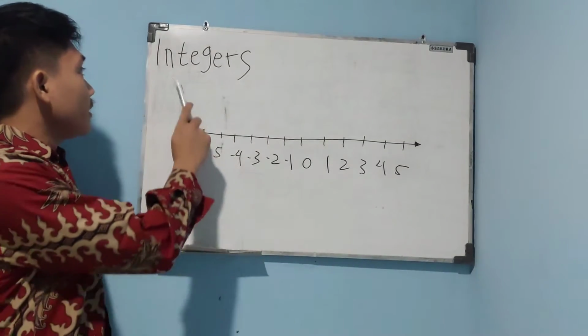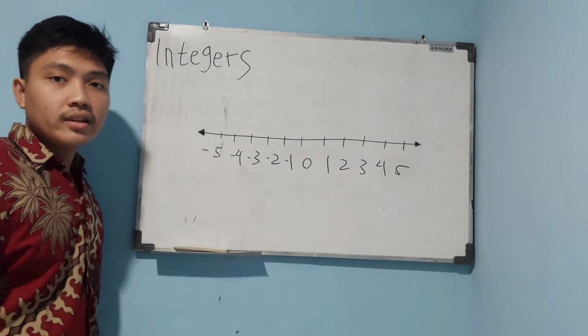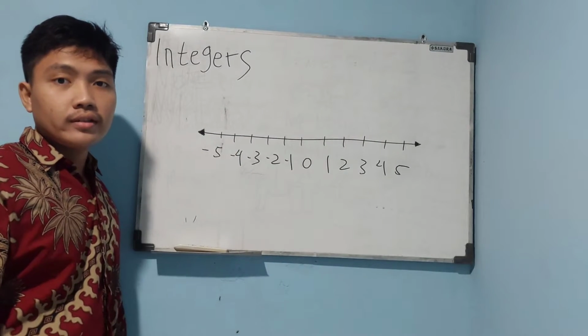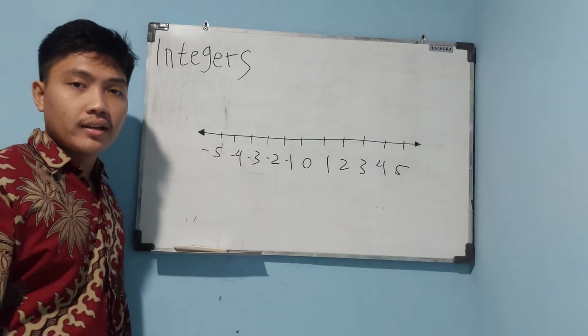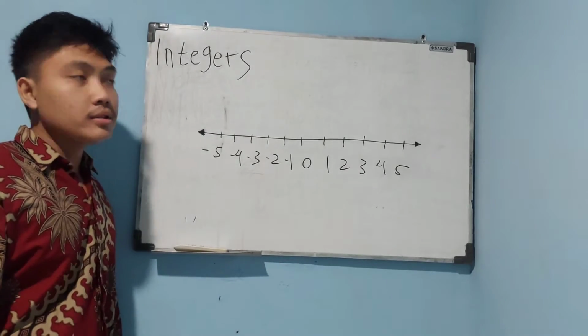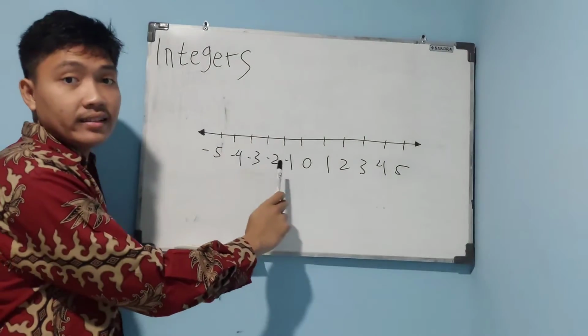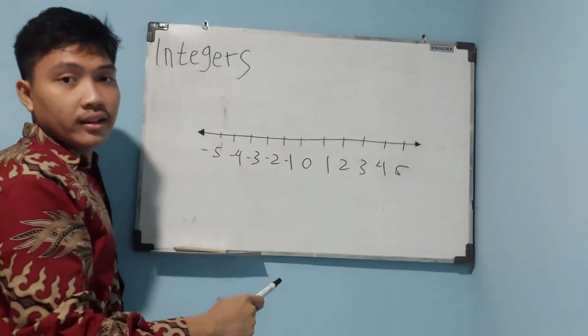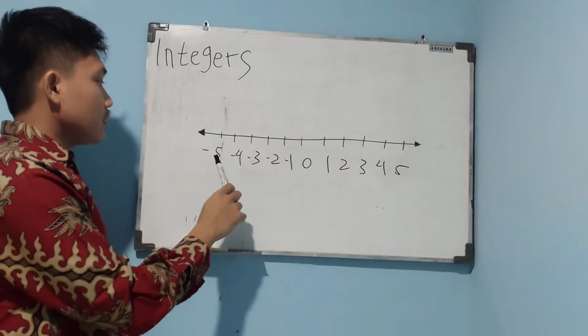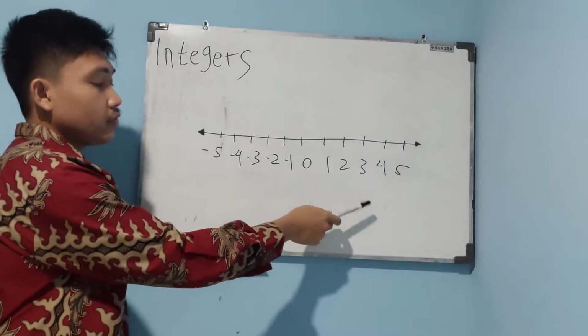So the third is integers. Integers are totally different from natural numbers and whole numbers, because with integers you can find the number line like this, and integers have negative and positive numbers.